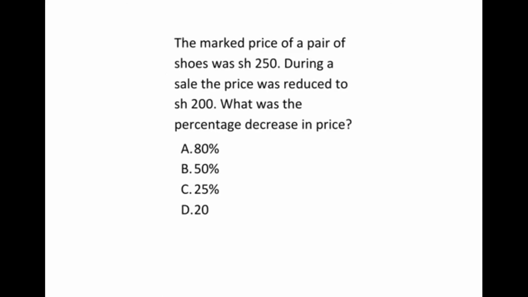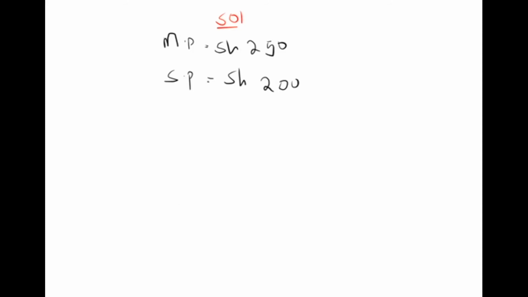Then we are asked to give the percentage decrease in price. Therefore, let us get the decrease first. The decrease, we are going to get it by taking 250 minus 200. It will give us 50. So the decrease is 50 shillings.